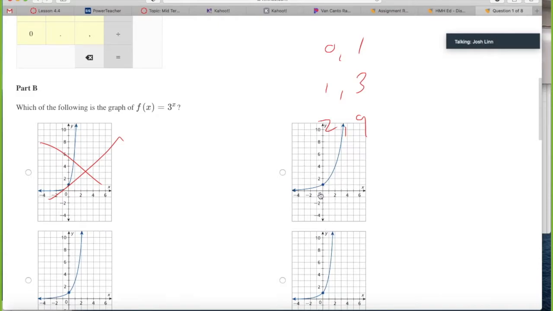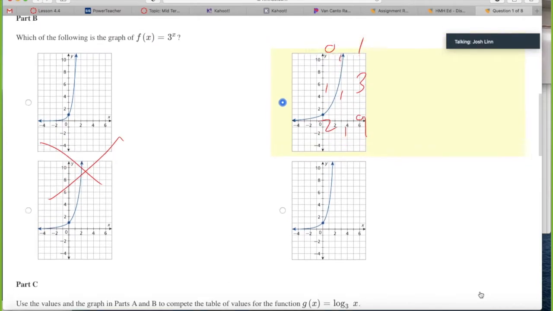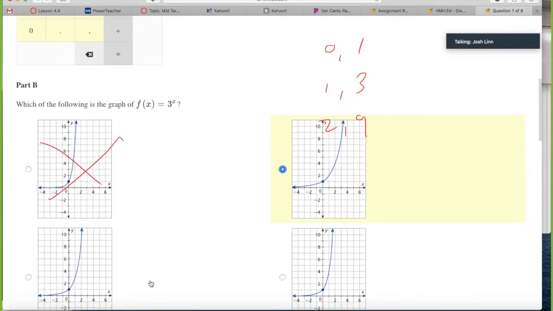0, 1; 1, 3; 2, 9. I'm willing to bet that it's that one, but just for fun, we'll eliminate the other two. So 0, 1, we're good here. Then 1, 3.